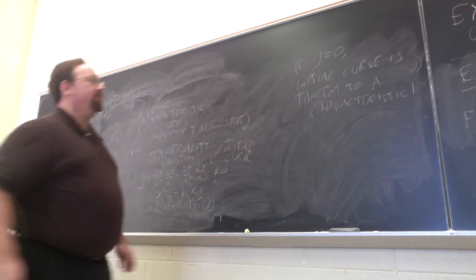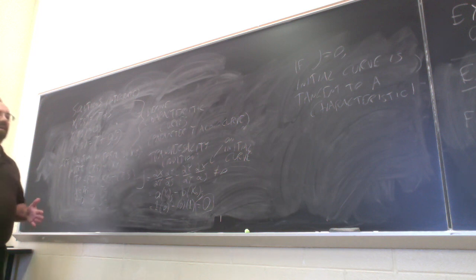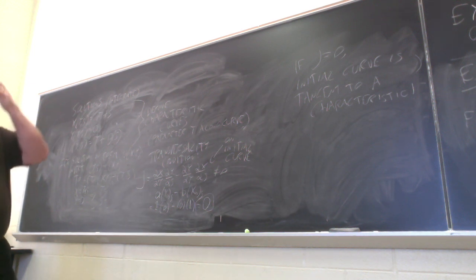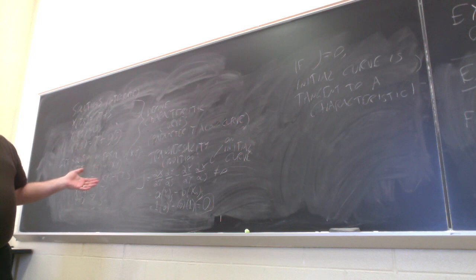And that's something we cannot have. There has to be some linear independence between the initial curve and all characteristics to have a unique solution, basically for a problem to be well posed. Otherwise it's an ill-posed problem where we cannot find u of x, t.